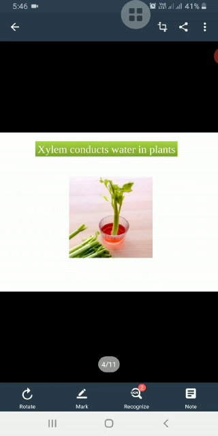Keep this section of the stem on a glass slide. Put a few drops of water on the slide and observe the section under a microscope. You will observe that the xylem gets stained as water is transported up through xylem, and you can see the red water in the stem also.